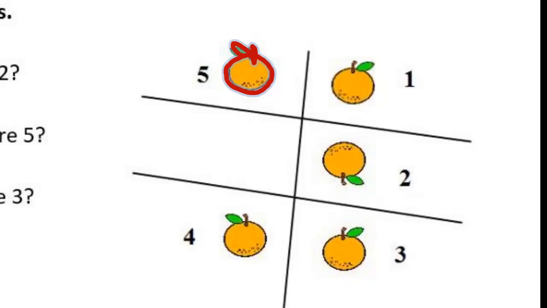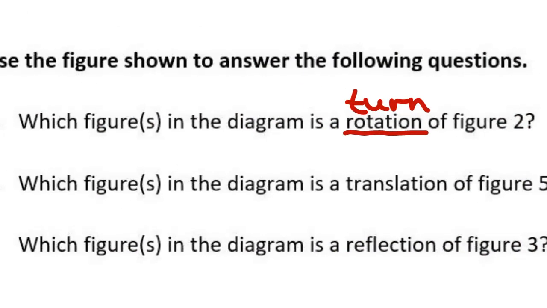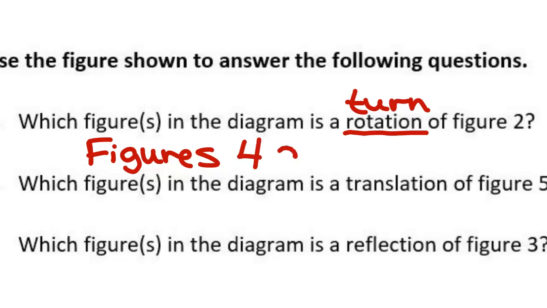So figure 5 would be a rotation. Does it match with figure 1? No, the leaf is on the wrong side. What else does it match to? Figure 4. It is a rotation of figure 4 as well. So we have figures 4 and 5.